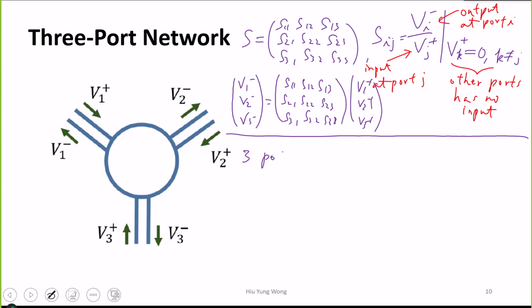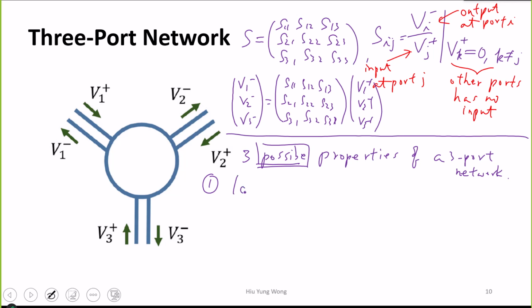Three possible properties of a three-port network. Right, one possible. Okay, make sure it doesn't have to be. It's just possible. It can be lossless.